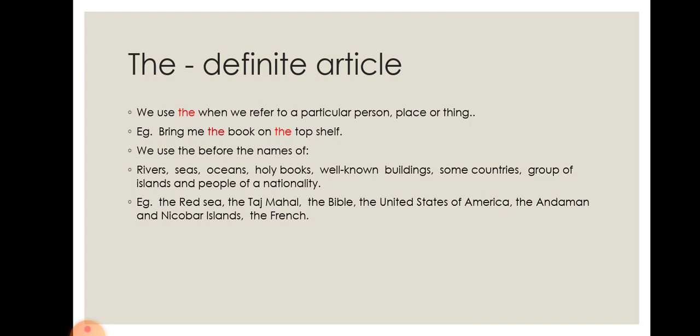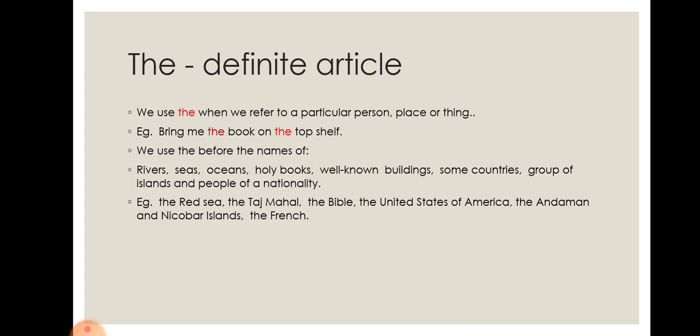For example, before the names of rivers, seas, oceans, holy books, well-known buildings, then certain countries, groups of islands, and people of a nationality. Whenever we refer to these categories, we have to use the definite article in front of them.